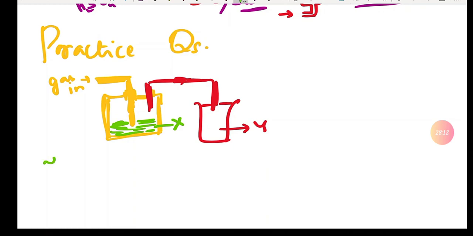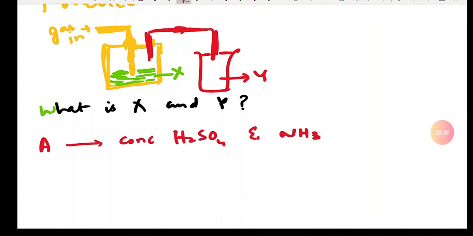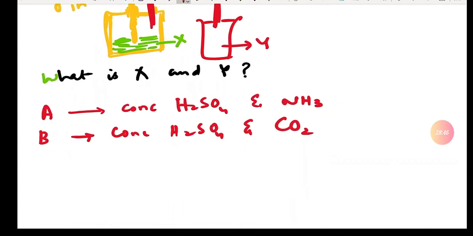Now you have to suggest what X and Y are. You are given options. Option A, concentrated H2SO4 and ammonia. Option B, concentrated sulfuric acid and CO2.